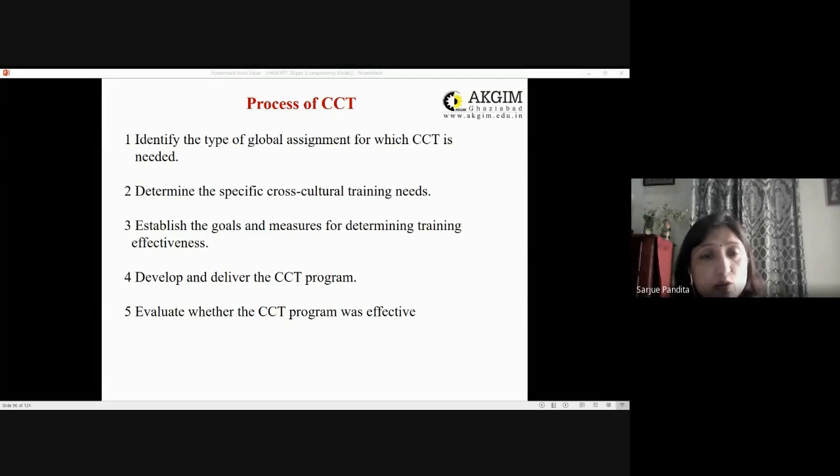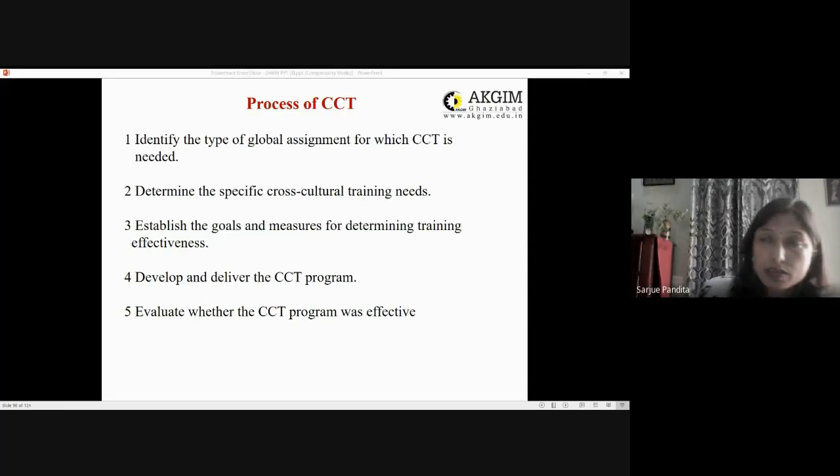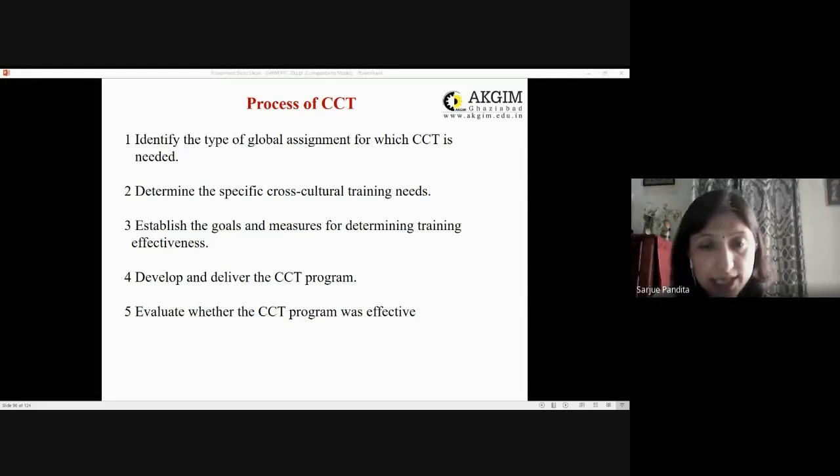Behavioral goals will help expatriates form adaptive behaviors by emphasizing cross-cultural skills which expatriates might require in order to be successful in their international assignment. So all these 3 types of changes, cognitive, affective, and behavior, are relevant in formulating the CCT goals, and the type of global assignment will determine the type of change required, right?